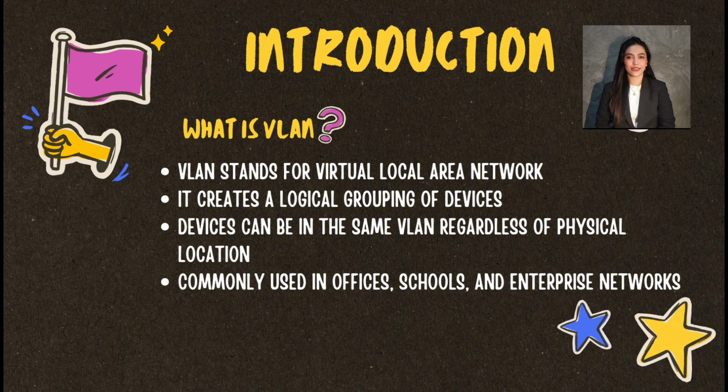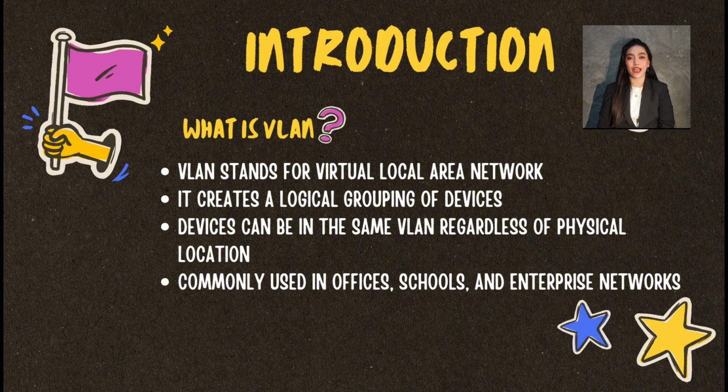What is a VLAN? VLAN stands for Virtual Local Area Network. Unlike a traditional LAN where devices are grouped physically, a VLAN allows us to group devices logically, even if they are spread across different physical locations. This means that computers, printers, or servers can belong to the same VLAN, regardless of where they are connected, as long as they are properly configured.